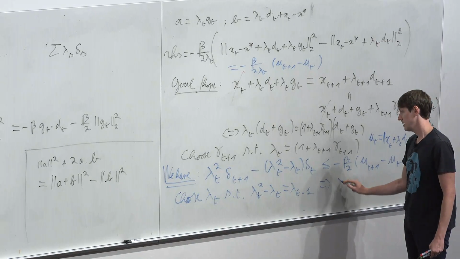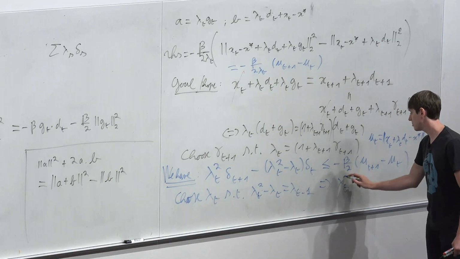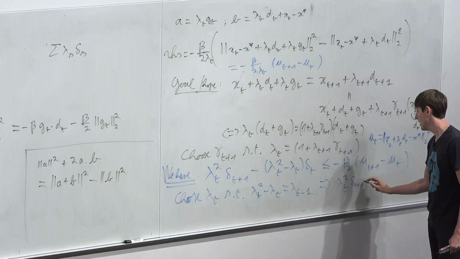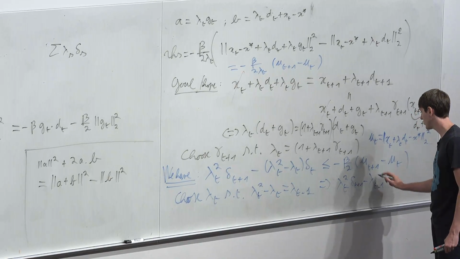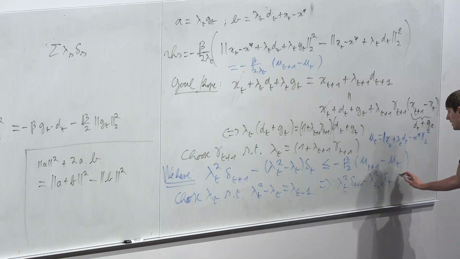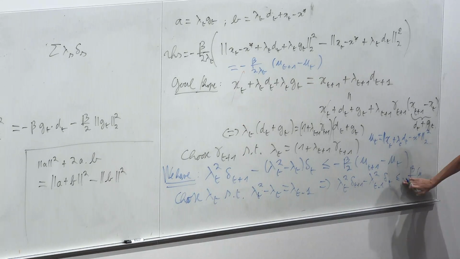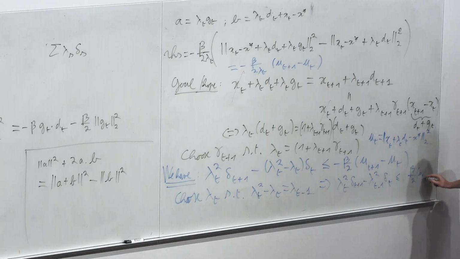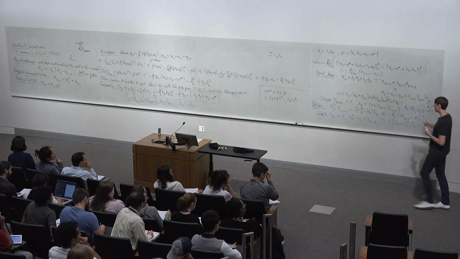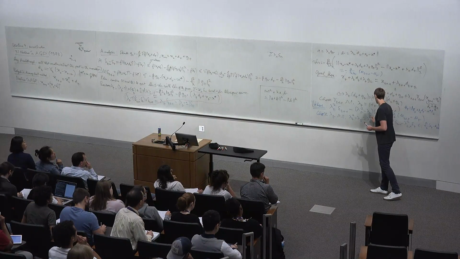Now you get lambda t squared delta t plus 1 minus lambda t minus 1 squared delta t is smaller than beta over 2 ut minus ut plus 1. Don't you want lambda t minus 1 squared there? I absolutely do, yes. Thank you very much.